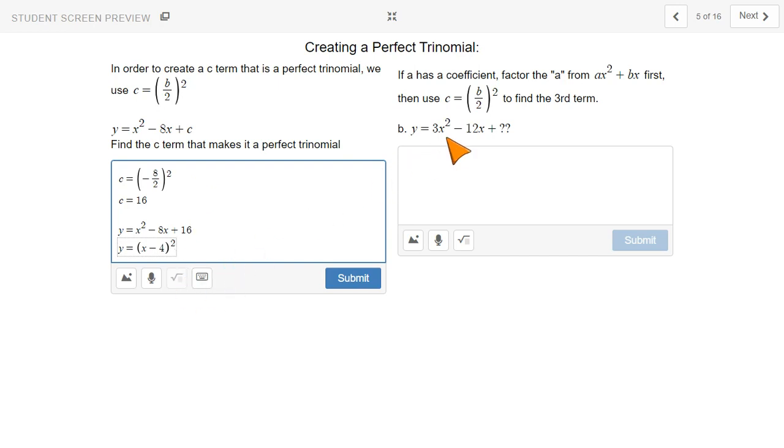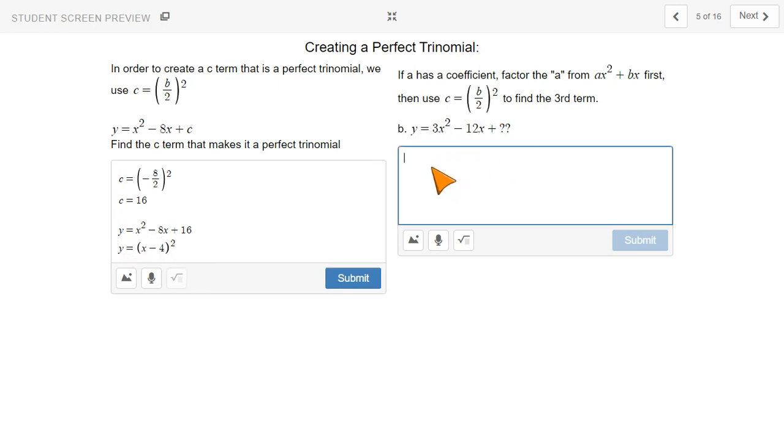And as a perfect binomial, we would have x minus 4 all squared. Now, sometimes we have an equation that starts with a coefficient for the a term. What we're going to do is first factor the a, and then we're going to develop the trinomial that is perfect. So in this case, we have y is equal to 3 bracket x squared minus 12x, or sorry, 4x.